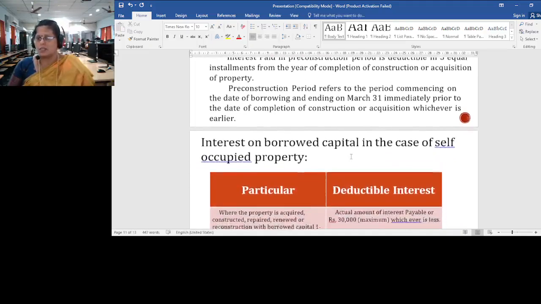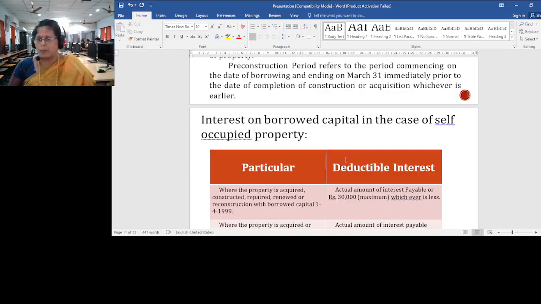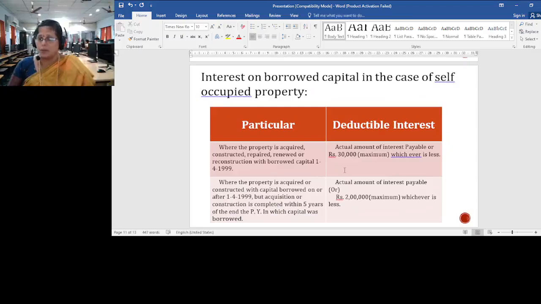And as far as self-occupied property is concerned, the interest on borrowed capital may be deductible by following these conditions. One is, if the property is acquired or constructed or repaired on or before 1/4/1999, the amount deductible will be maximum of rupees 30,000 or actual amount payable, whichever is less.